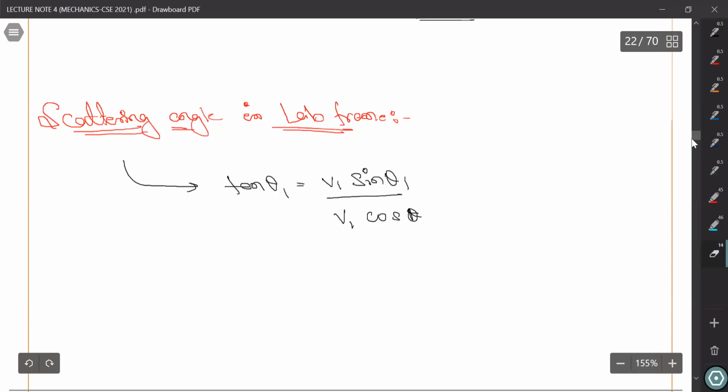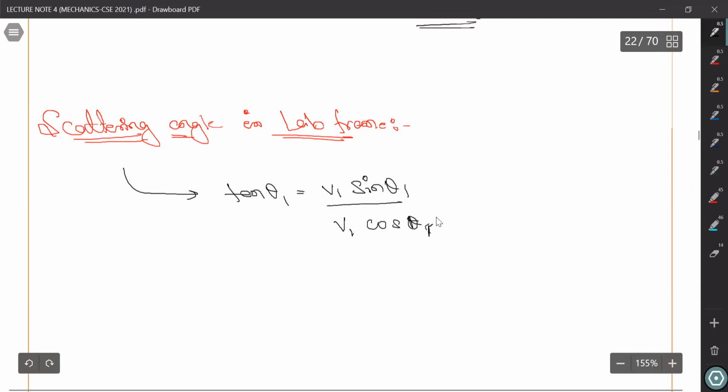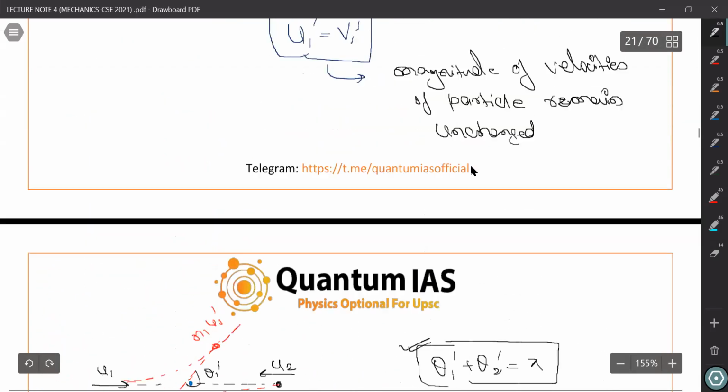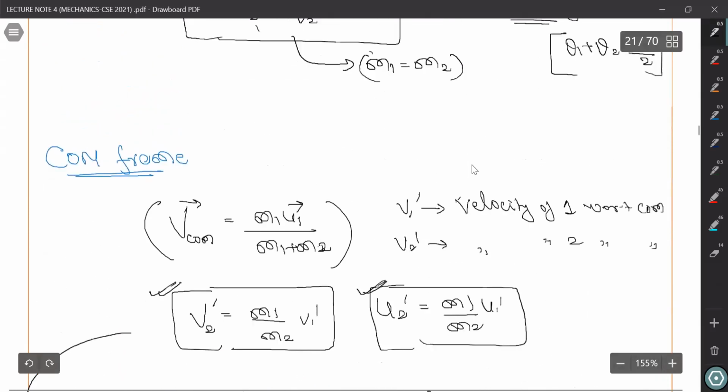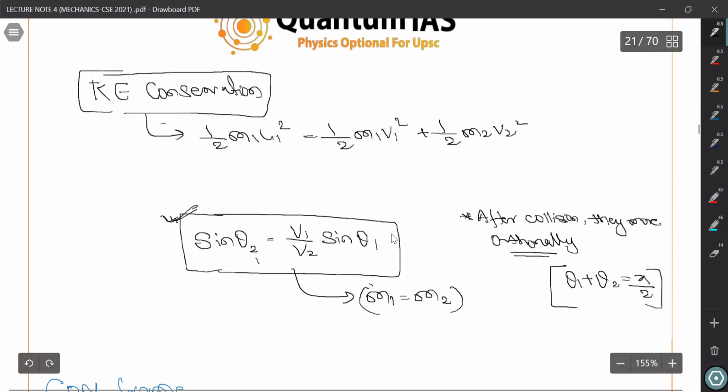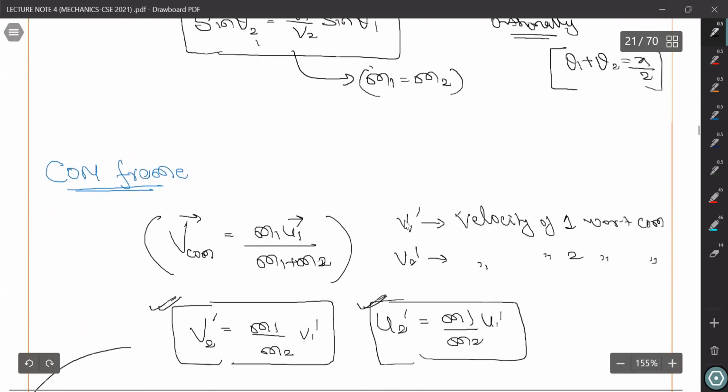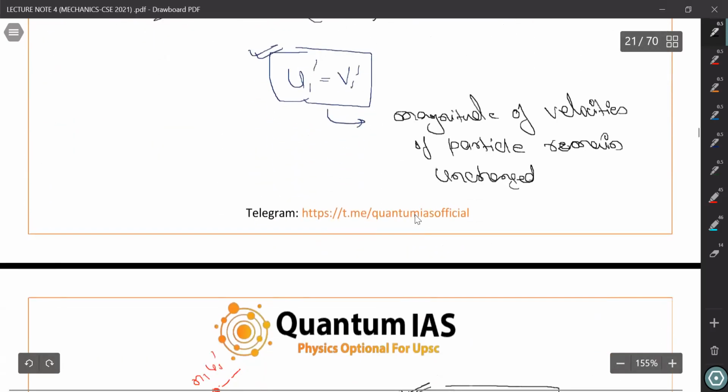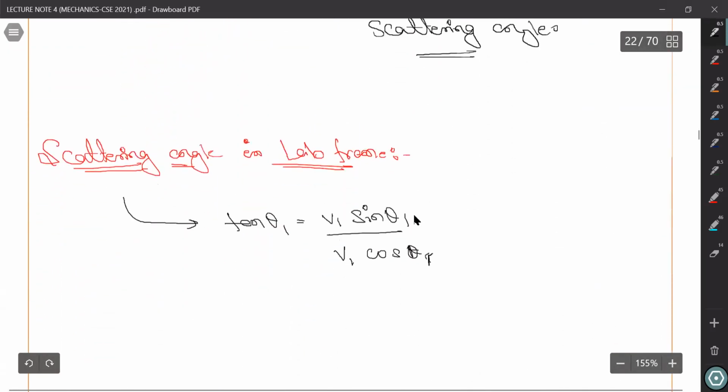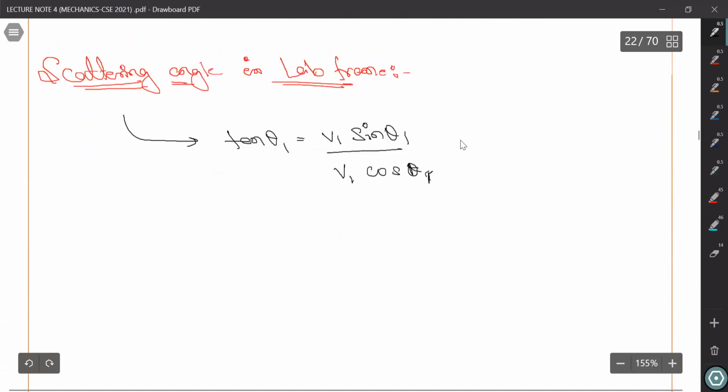From above, because we are treating the same mass, we can write v1 sin theta 1 as v1 dash sin theta.